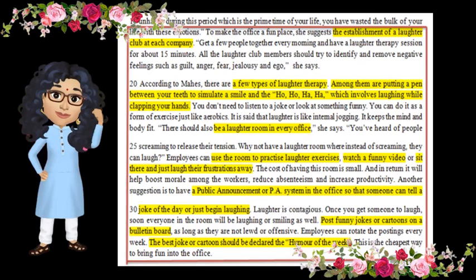So you can say among them are putting a pen between teeth to stimulate a smile and laughing while clapping. You don't need to put your hand. We are clapping with our hands, right? We don't clap with other things, right? So while clapping, just stop here. And the ho ho ha ha is unnecessary. You can take it away. It's already rephrasing.